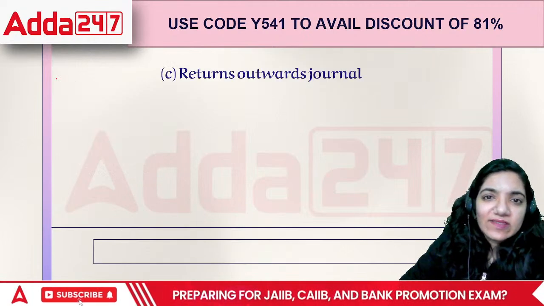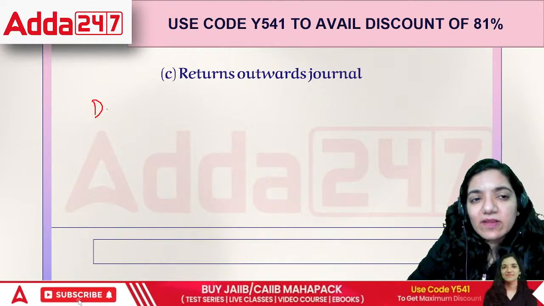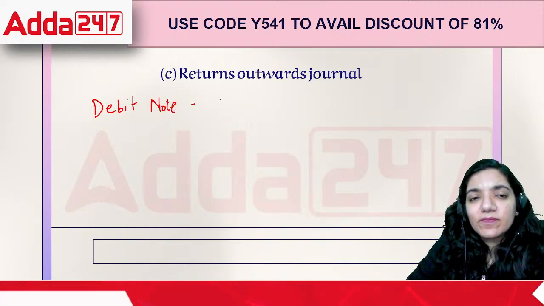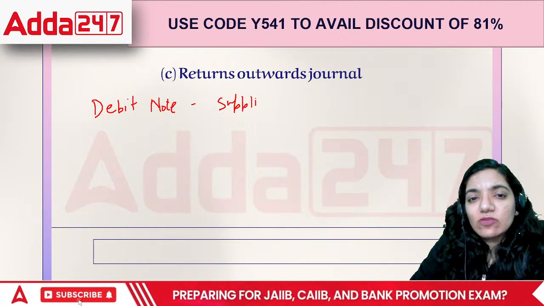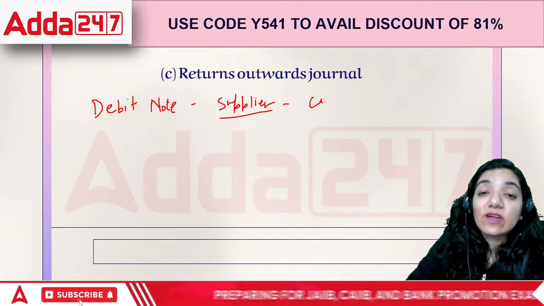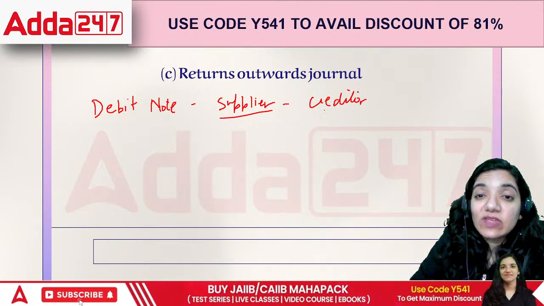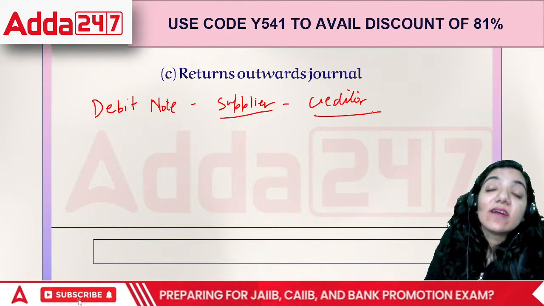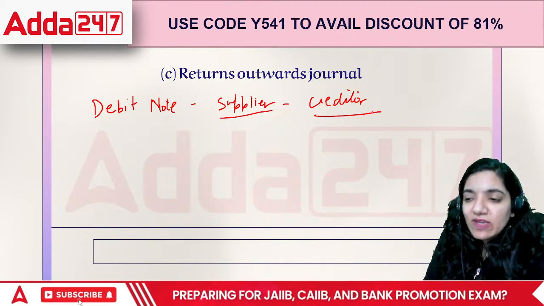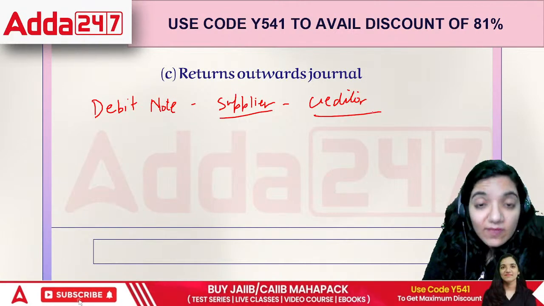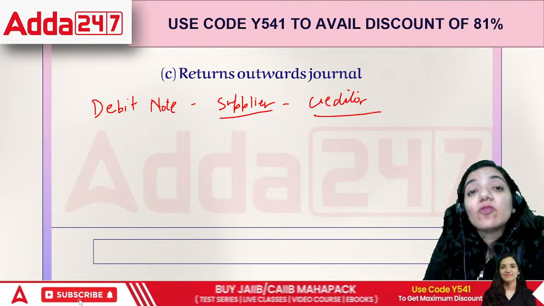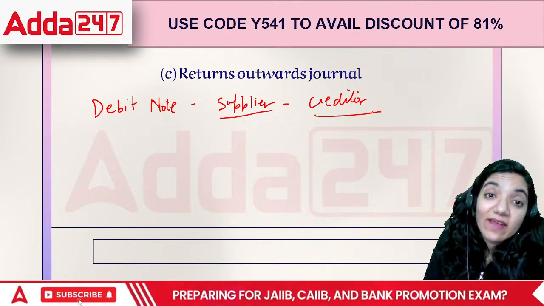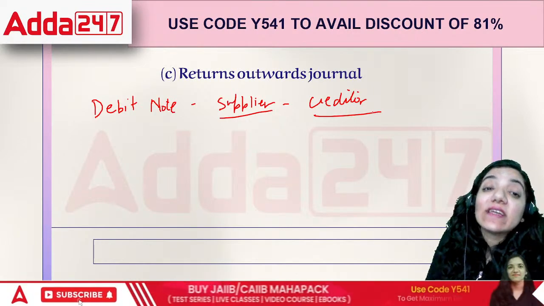Let me tell you what the wrong point is. We issue a debit note to our supplier whenever we do not like the goods he is providing us. A debit note is issued by us to the supplier of the goods as we are returning the goods to them.